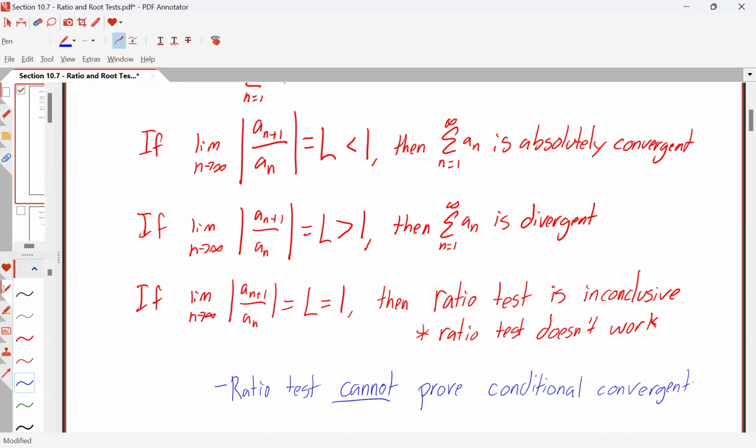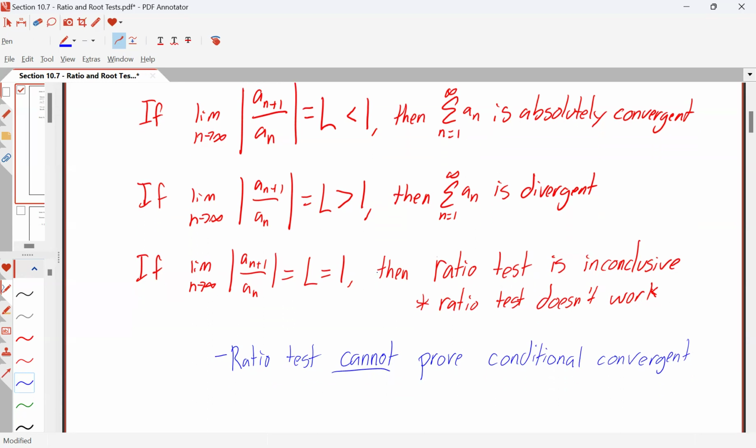It doesn't show conditional convergence. So the ratio test cannot prove something is conditionally convergent. Second, we have these cases where the ratio test is inconclusive.